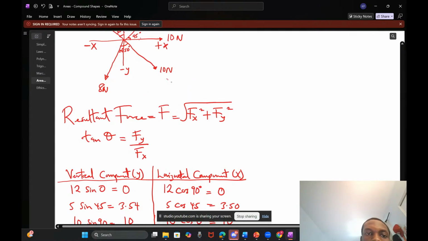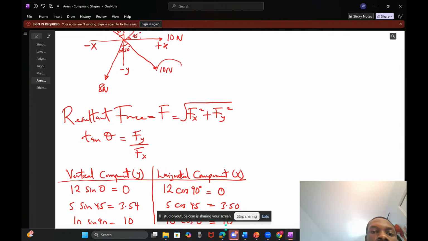So now the next one we have is 10 newtons here. This one is facing down. So in this case, we can see that it is 50 degrees that is connecting this line with the y-axis. And I told you that the angle we're always looking for is the one that the line makes with the x-axis. So this is the one that we're actually going to use for 10 newtons.